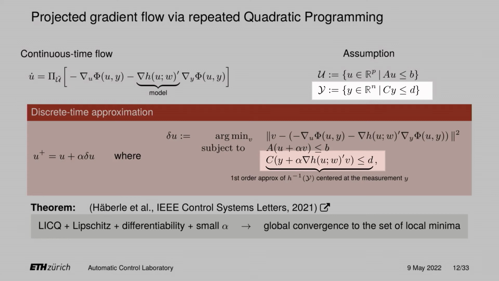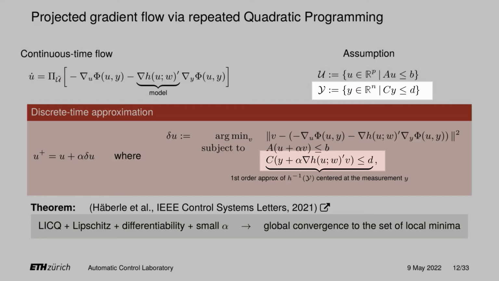Well, it's a Taylor expansion of the constraints. But the key point is that it's truncated at the first order. So the nabla h is just the sensitivities. You don't need to invert the h minus 1 because this approximation is centered in y, which you measure.